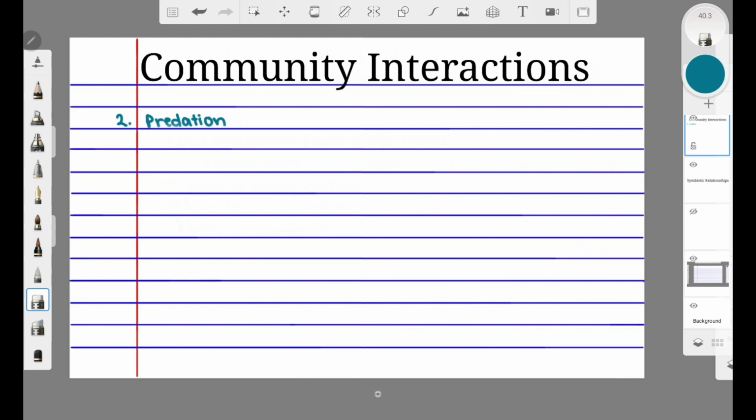The second type of community interaction is predation. Predation is when one organism feeds on the other. So the animal that eats the other is called a predator, while the organism being eaten is your prey.